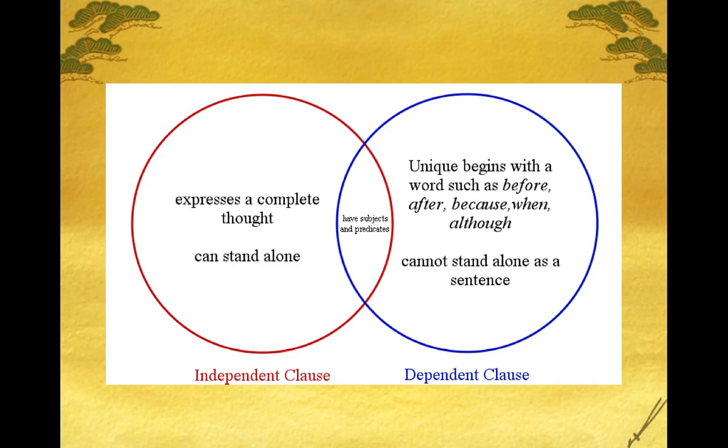Because I like to eat. Okay? Those are not sentences. They cannot stand alone. So examples like that are dependent clauses. Okay? Please press pause and copy down this Venn diagram. Thank you. Okay, you should have copied down that diagram.